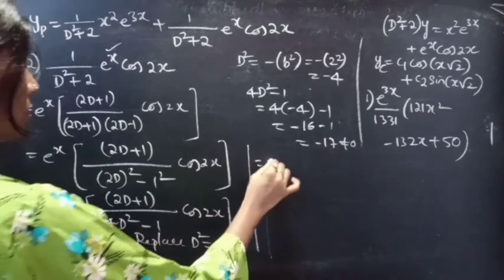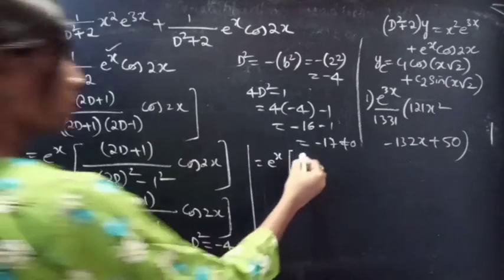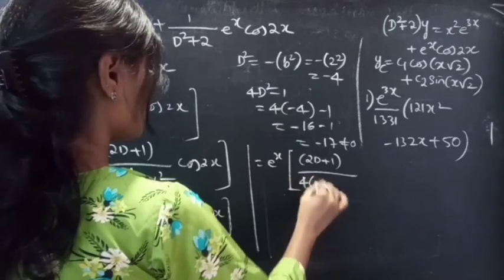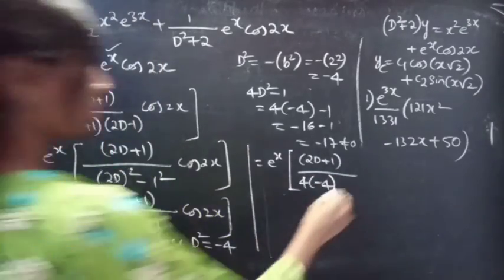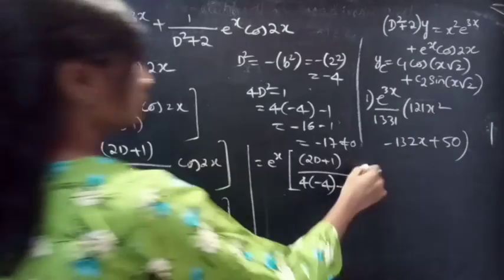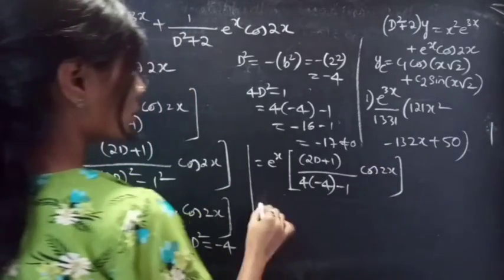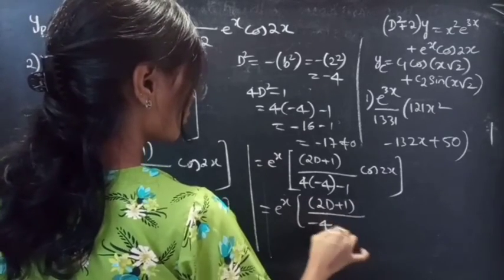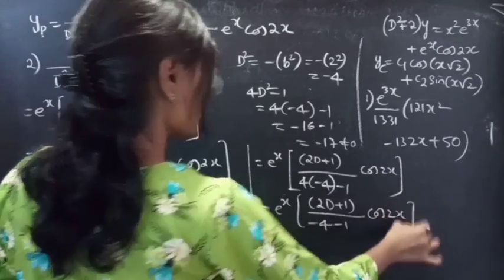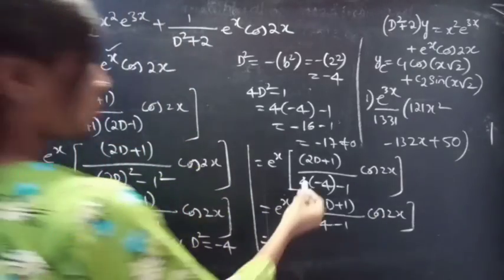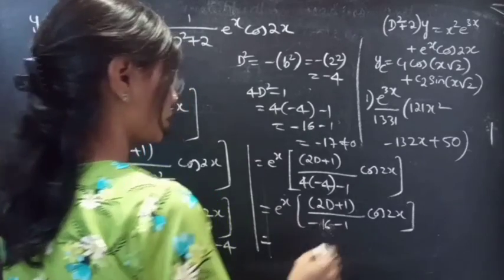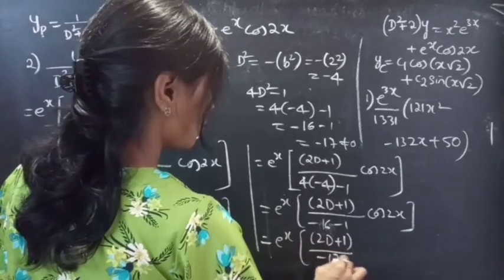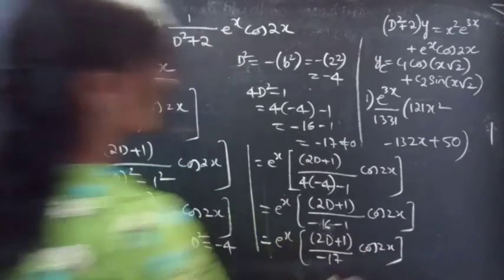Then this becomes e power x into 2d plus 1 by 4 into minus 4 minus 1 into cos 2x. This is equals to e power x into 2d plus 1 by minus 16 minus 1, that is e power x into 2d plus 1 by minus 17 into cos 2x.